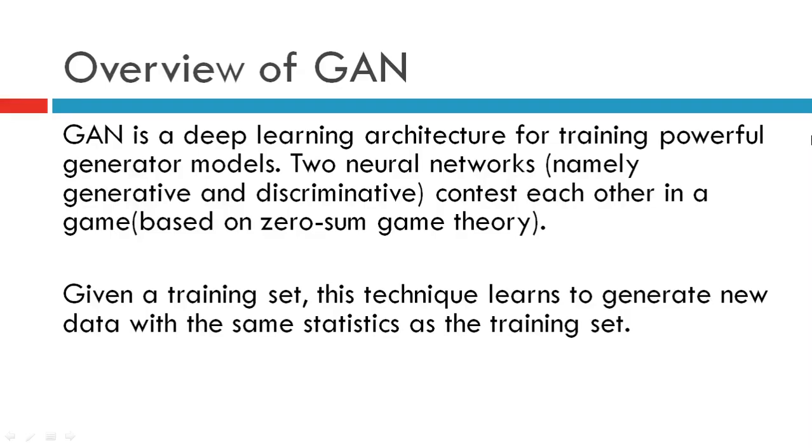GAN architecture mainly consists of two models. One is generator and the second is a discriminator. Here the discriminator is a pure convolutional neural network, and the generator model will be trained using this discriminator.